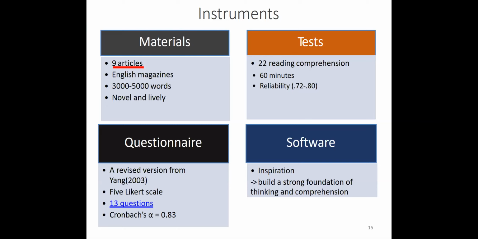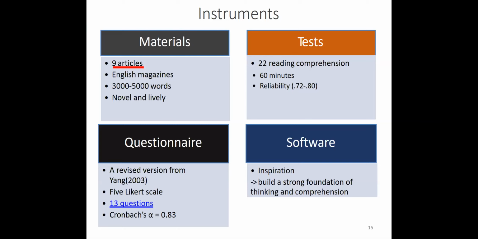So the questionnaire is a revised version of Young's questionnaire, the 2003 version, which includes 13 questions, with a Cronbach's alpha of 0.83, and a 5-point Likert scale is used.